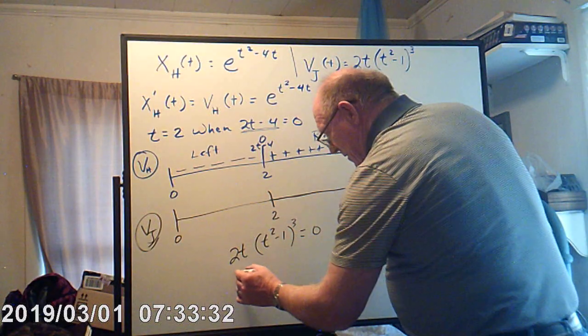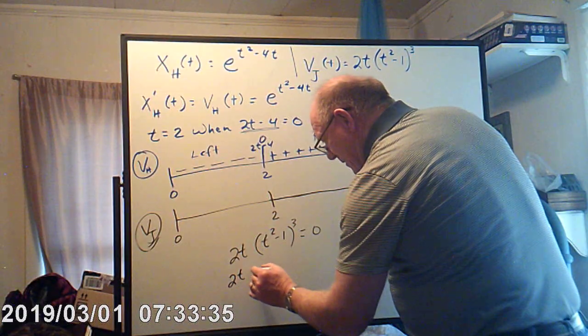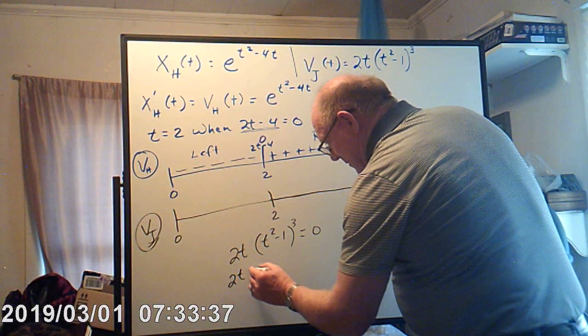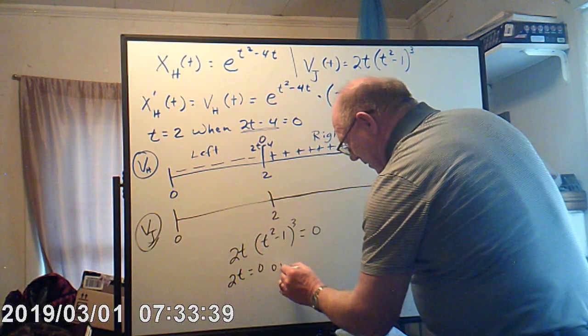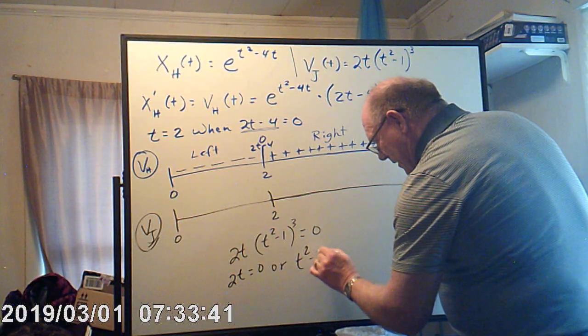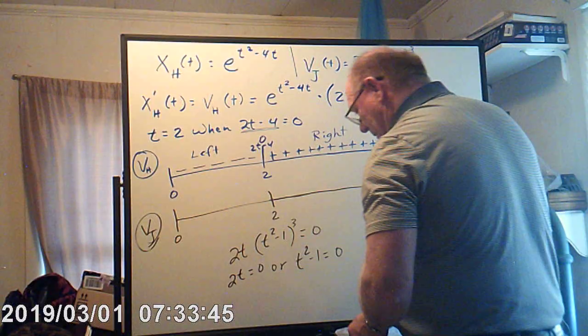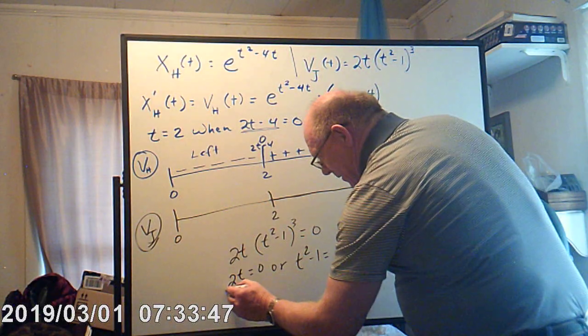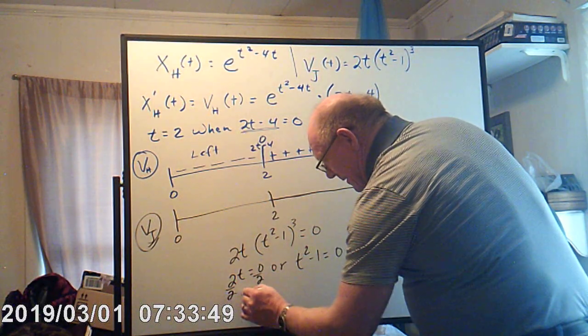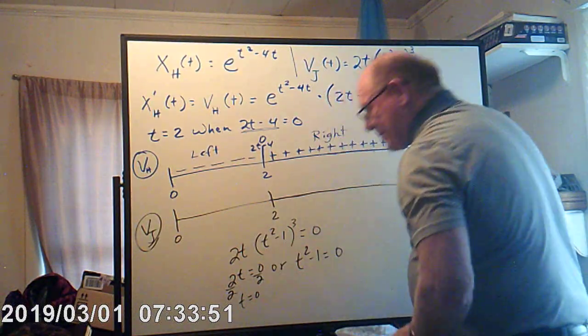Really, we say that 2t is equal to 0, or t squared minus 1 is also equal to 0. We know if we divide this by 2, t is equal to 0.